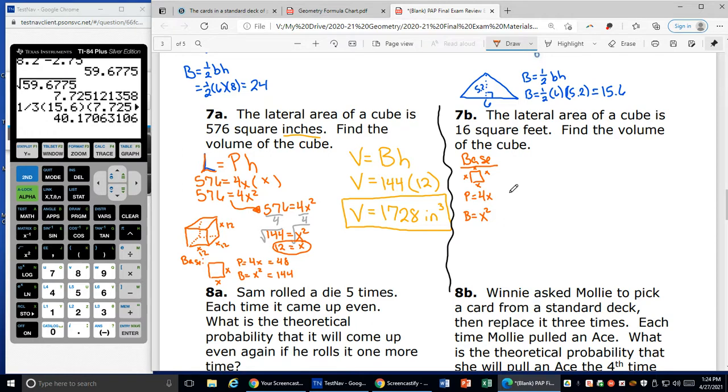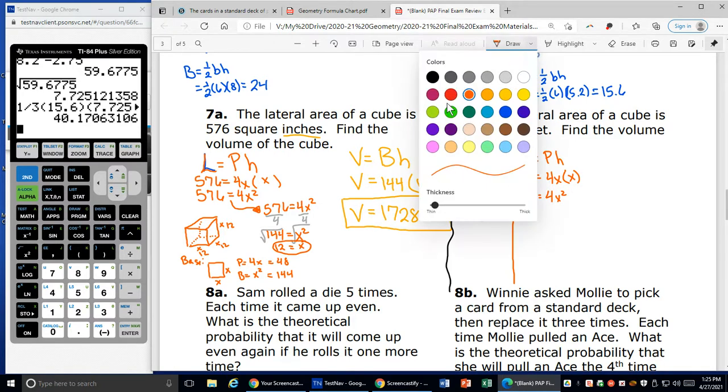Okay? So then, when it tells me that the lateral area, which I know is the perimeter times the height, is 16, my perimeter is 4x. The height of the prism is x. So 16 equals 4x squared.